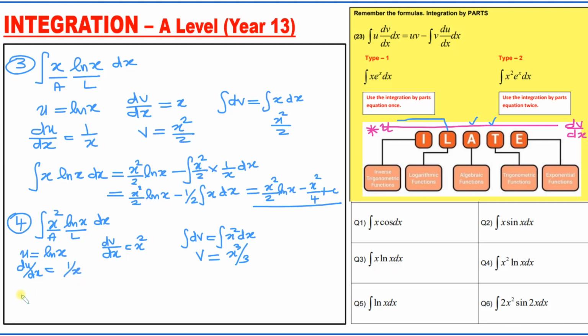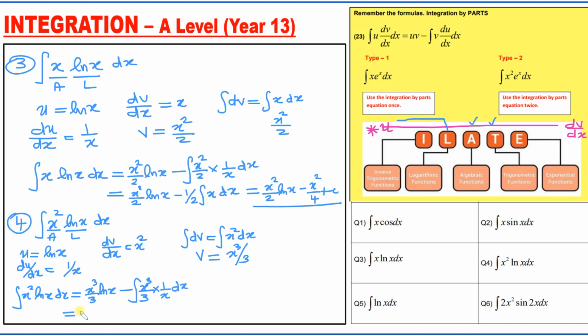Now you can write the formula, integrating x squared ln x dx is equal to u times v. U times v is x cubed over 3 ln x, minus integration of v du over dx. So x cubed over 3, du over dx is 1 over x dx.